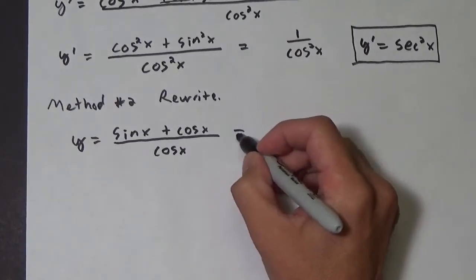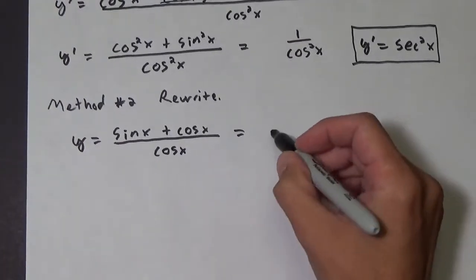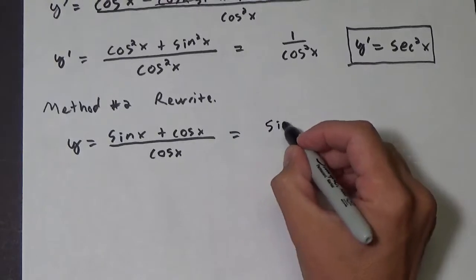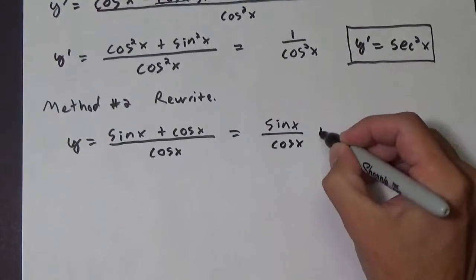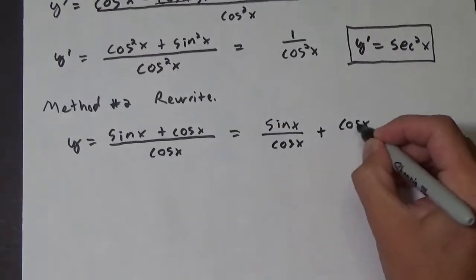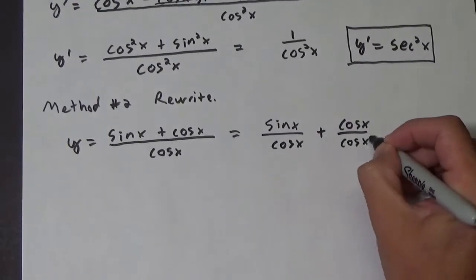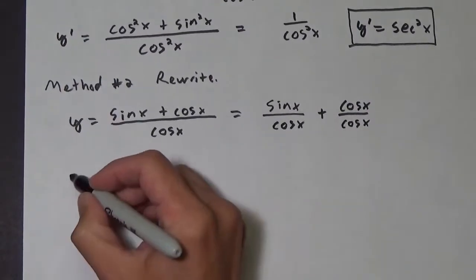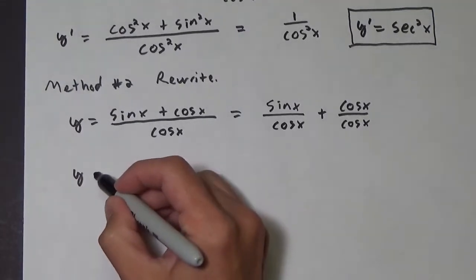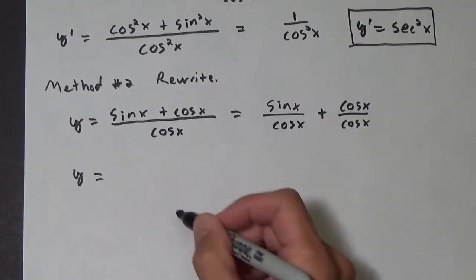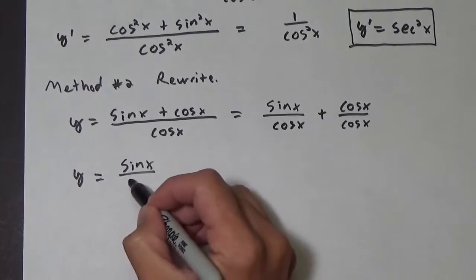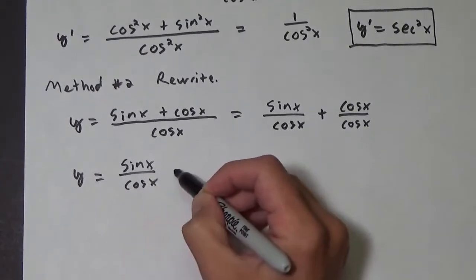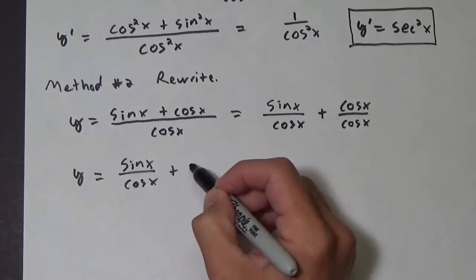We can rewrite this, so I'm going to split this into two fractions. We have the sine of x over the cosine of x, plus the cosine of x over the cosine of x. So y is going to be the sine of x over the cosine of x, plus 1.